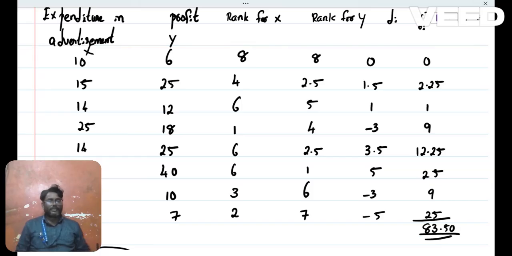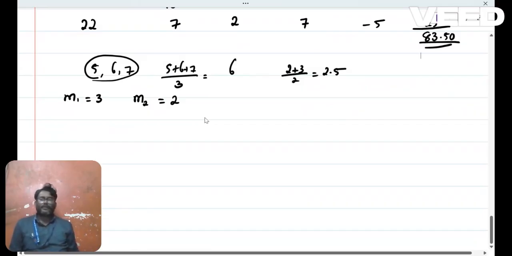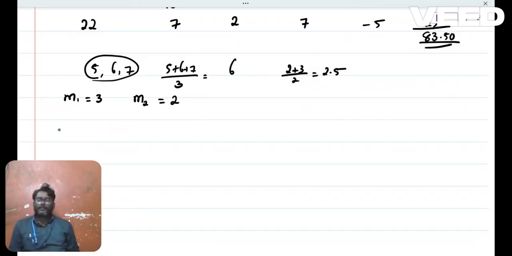Okay, summation of di square, we got the value 83.50.